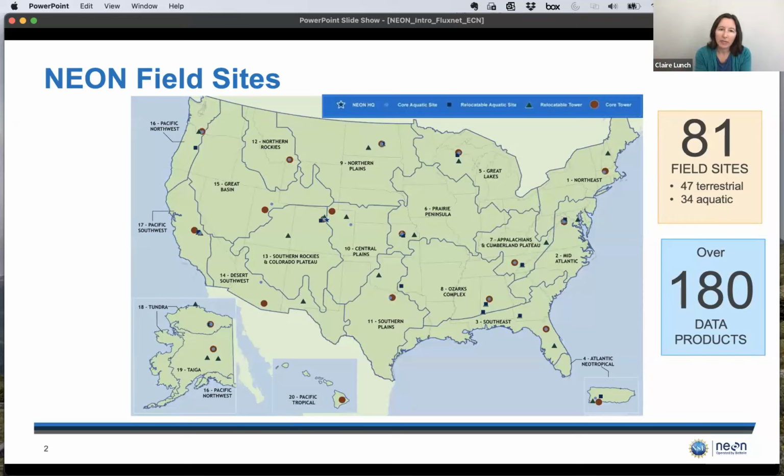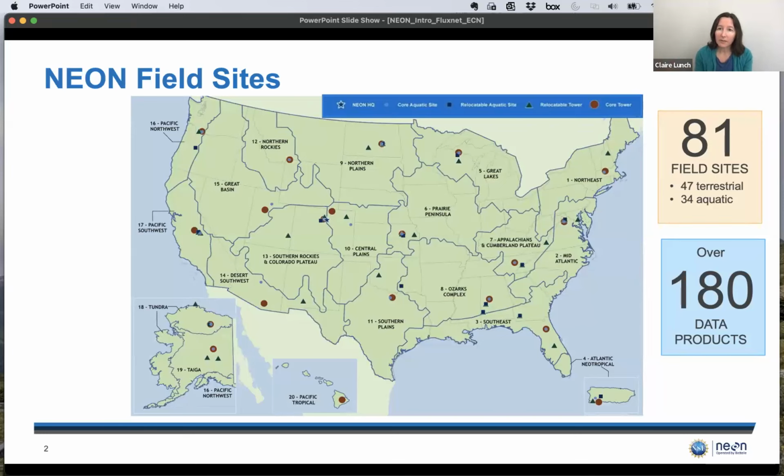So each domain has at least 2 terrestrial sites. Sorry, that's not totally true. Hawaii only has 1. Every other domain has at least 2 terrestrial sites, and most domains have 1 or 2 aquatic sites. The flux towers are only at the terrestrial sites, but there is a flux tower at every NEON terrestrial site.